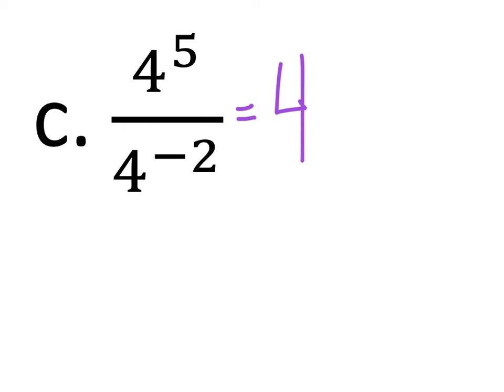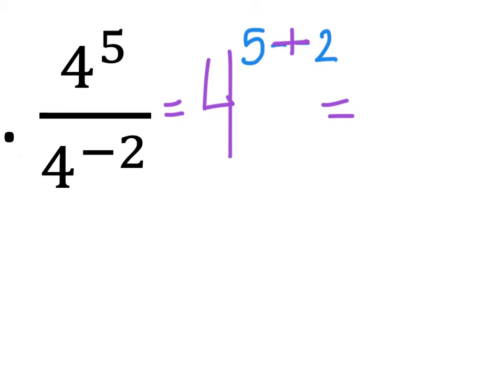And then what's going to happen is I'm going to get 5 minus a negative 2. Now, what happens when we have those two negatives together? They become positive. So my final answer is going to be 4, 5 now plus 2 is 7. So my final answer is 4 to the 7th.